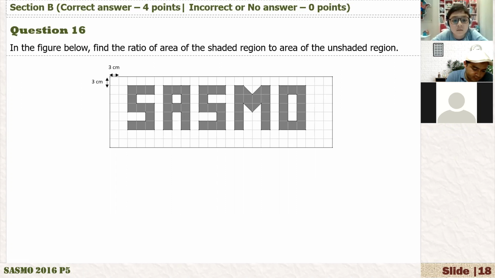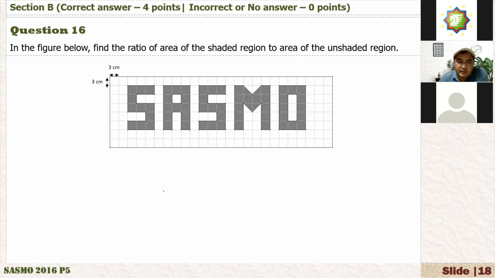S is 99, A is 108, S is 99, M is 126, and O is 108. It says find the ratio of the area of the shaded region to the area of the unshaded region. So, Nargis, what's your answer? 9/10. Aydın, how about you?